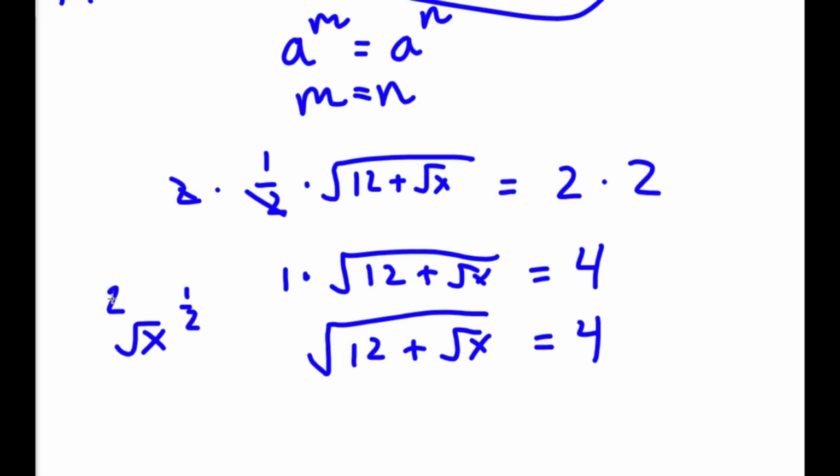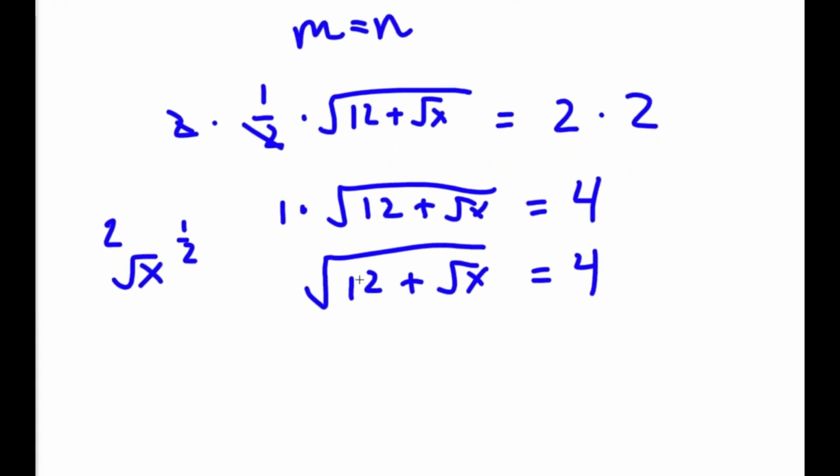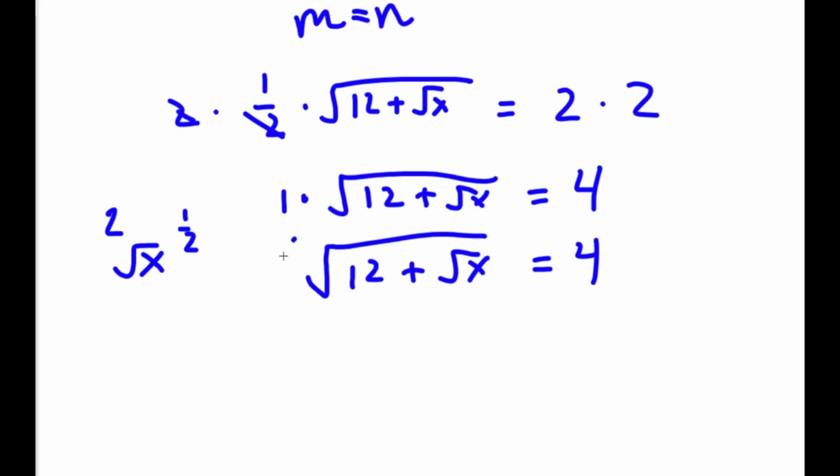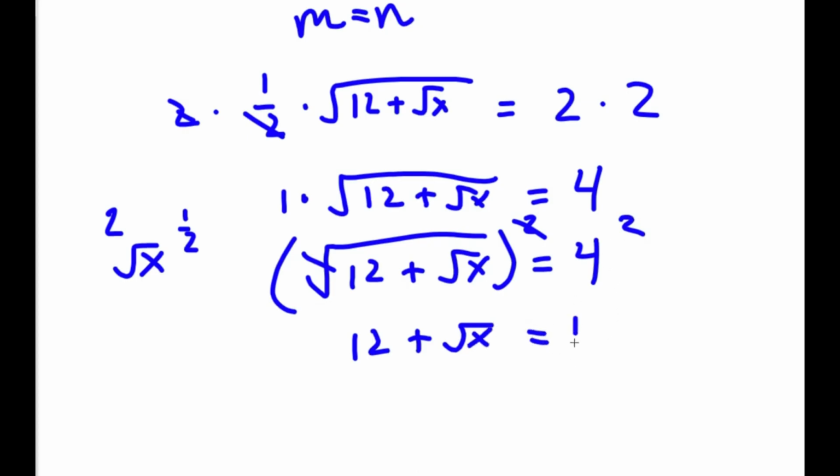And remember, 2 times 1/2, well, these two are reciprocals, so they would simply equal 1. So to get rid of this square root, I'm going to square both sides. So now these two will cancel out, and I have 12 plus the square root of x is equal to 4 squared, which is equal to 16.